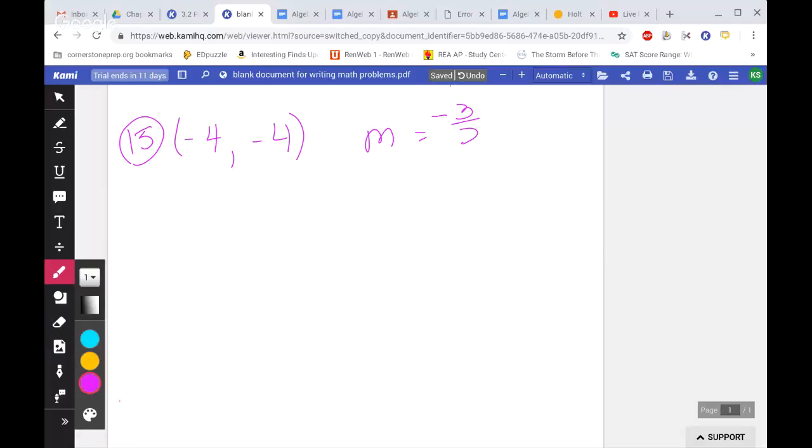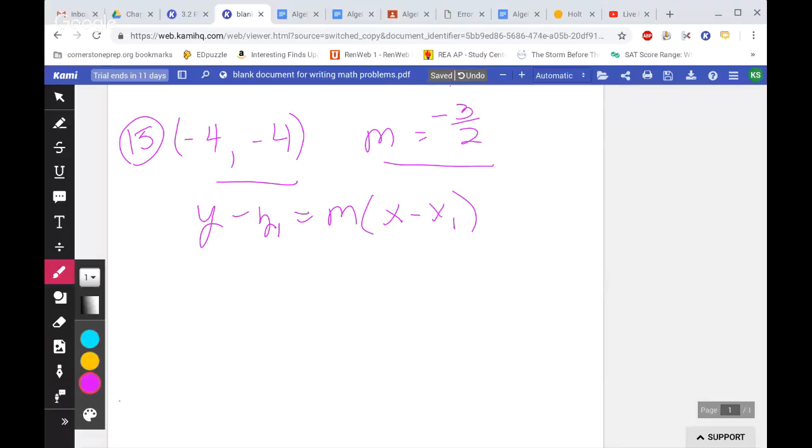And it's really not that bad. But what we're going to do is plug it in to point slope form because we're given a point and we're given the slope. So that kind of tells us which form to use.